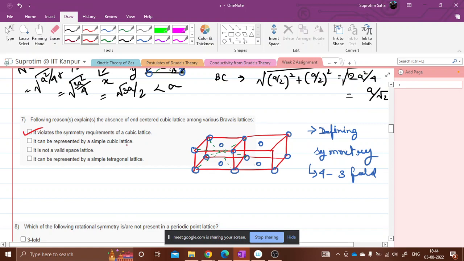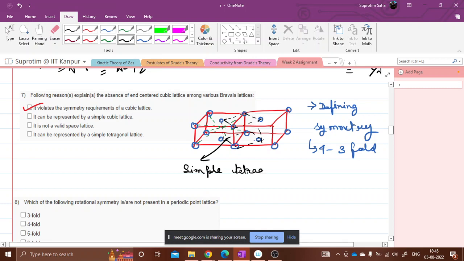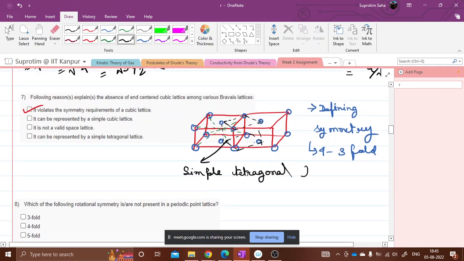It is a valid space lattice, but what you can construct out of it is that if you join these lattices, what you are left with is a pure simple tetragonal lattice, which is a primitive lattice, mind you.